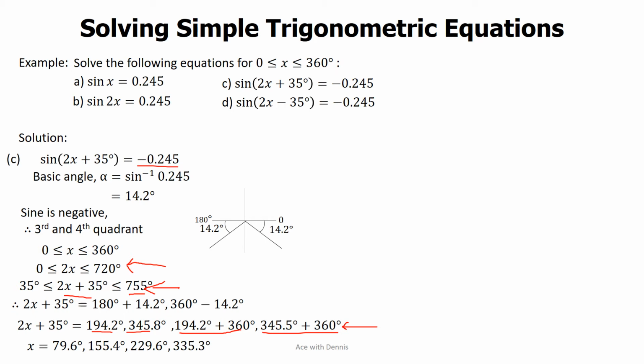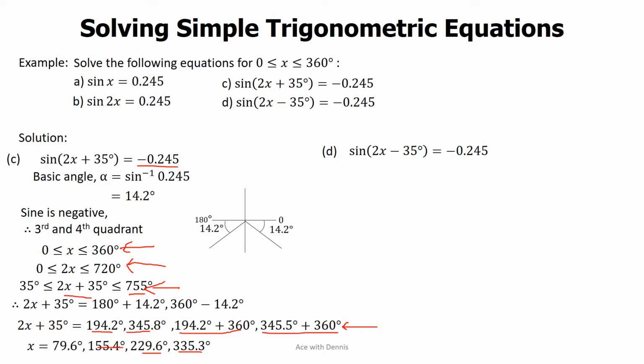And when you get the answer for x, make sure all these values, 79.6 degrees, 155.4 degrees, 229.6 degrees, and 335.3 degrees, are within the x range, which is from 0 to 360 degrees. So these are the answers for C.